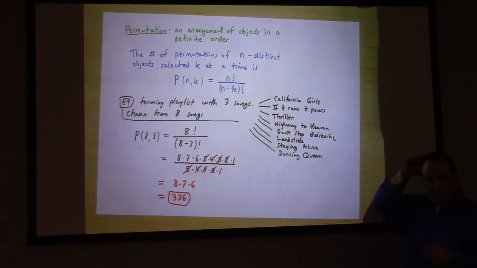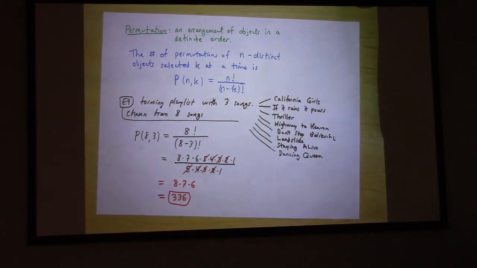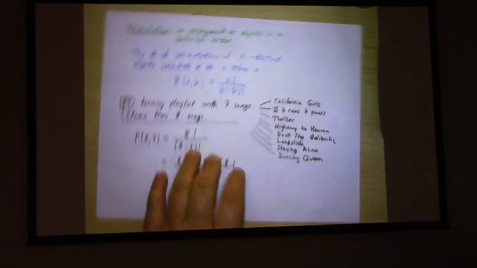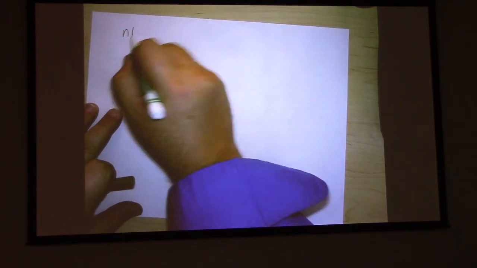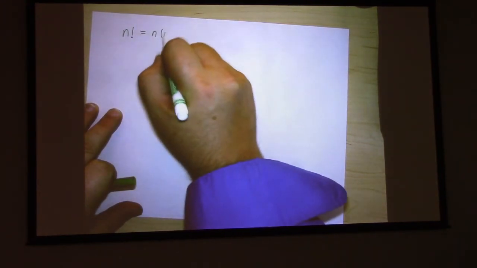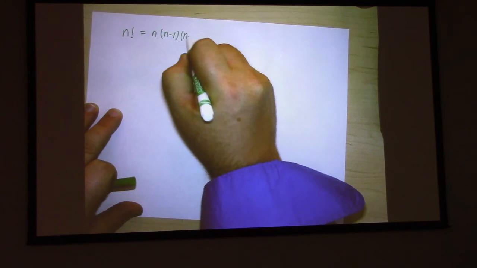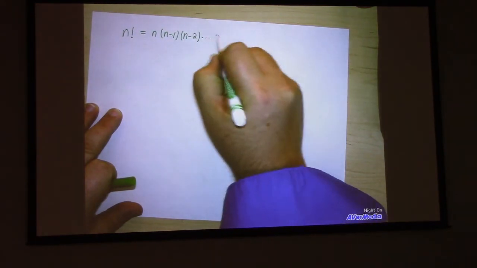All right. Let me talk more about the factorial since I kind of owe it to you. It's an interesting function. n factorial is equal to n times n minus 1 times n minus 2, dot dot dot, 3 times 2.